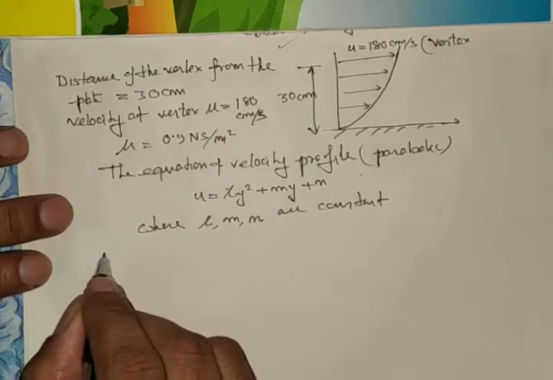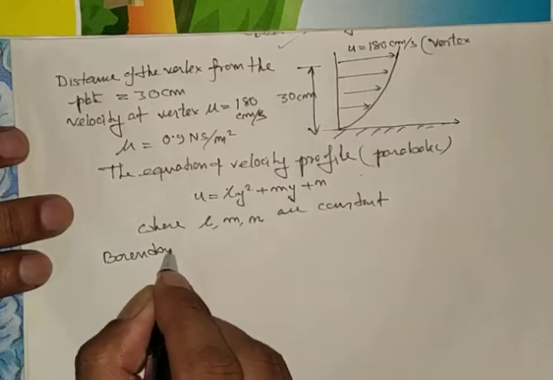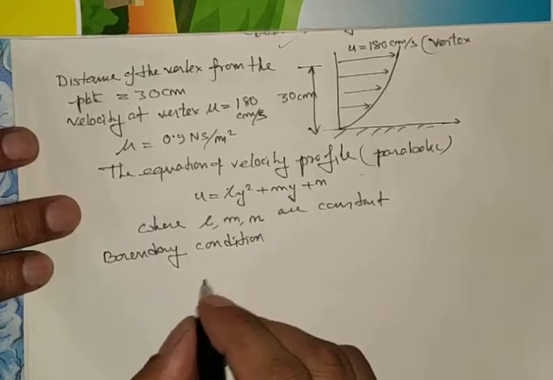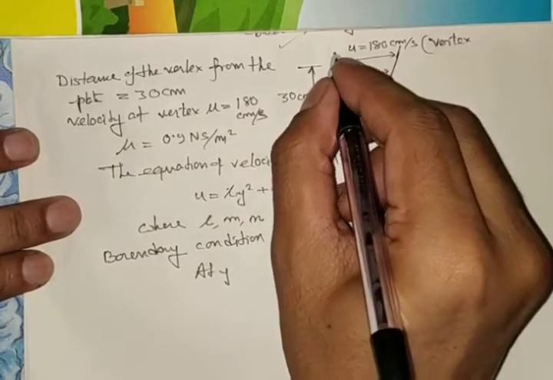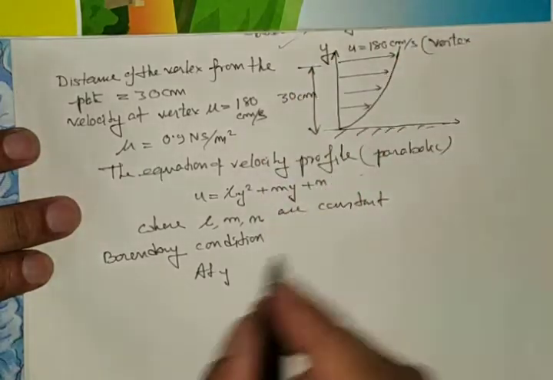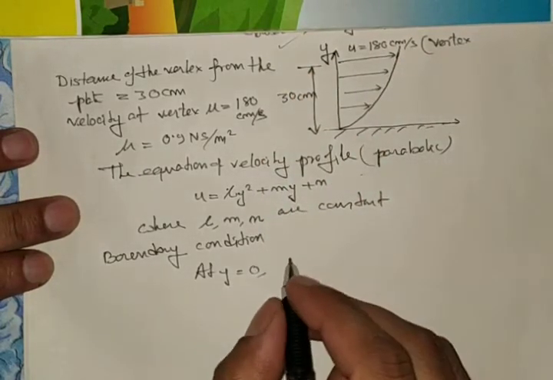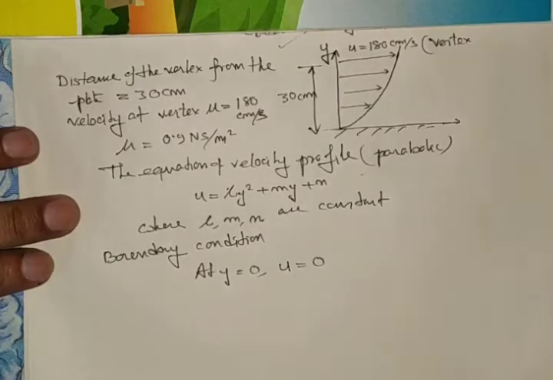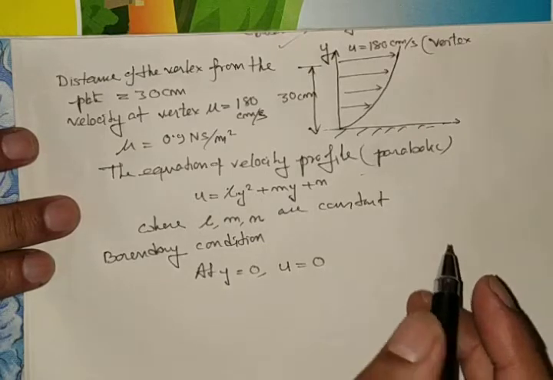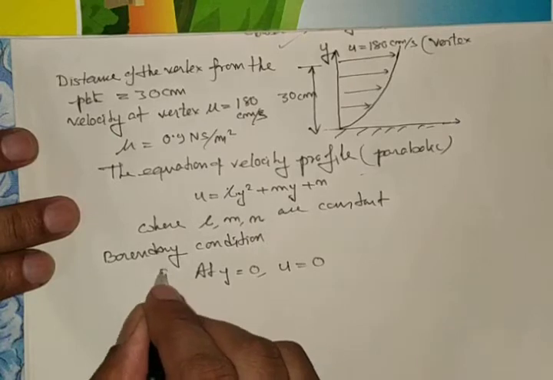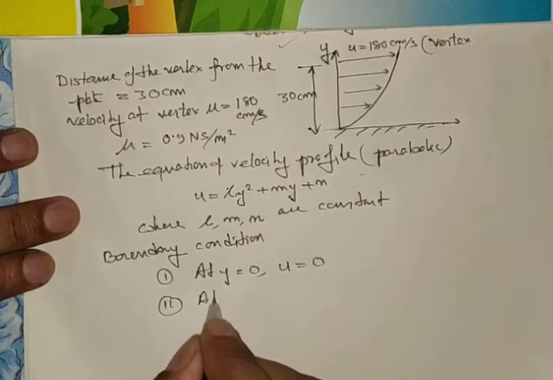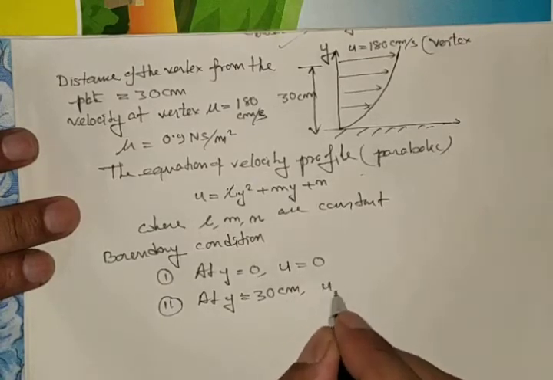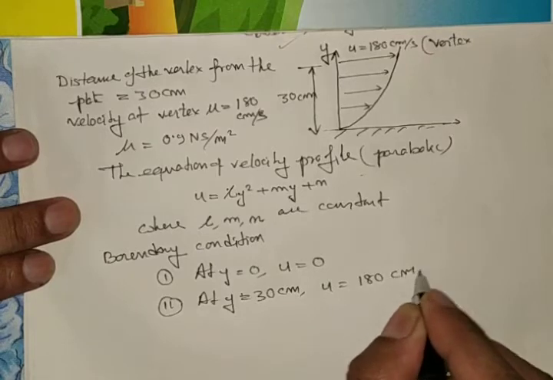So boundary conditions. This is your y. Okay, so at y is equal to 0, u is equal to 0, and this is number 1. Number 2, at y is equal to 30 cm, u is equal to 180 cm per second.